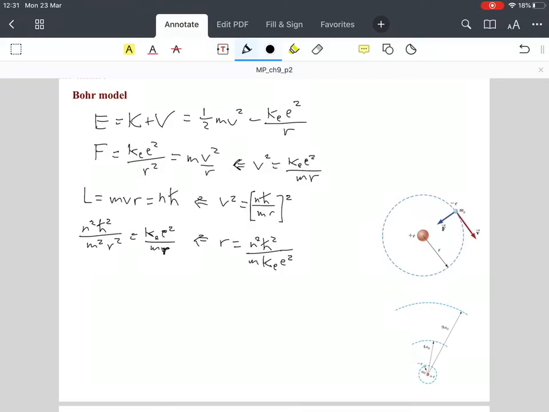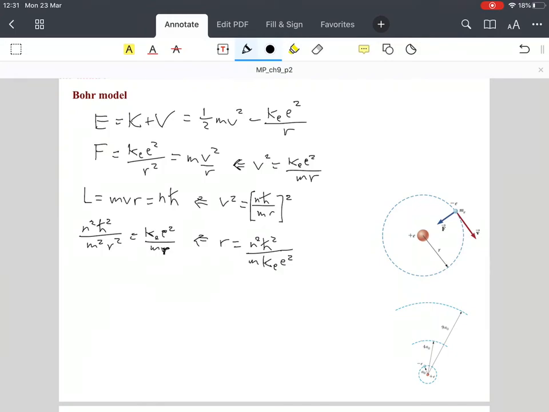We just saw that we can get r in terms of some constants times n squared. And so we can see then that the radial distance, if we think about these as fixed circular orbits, depends on what the value of n is.